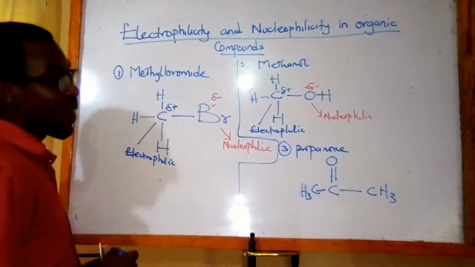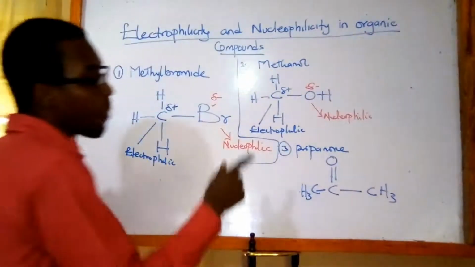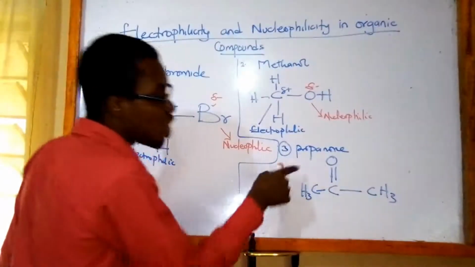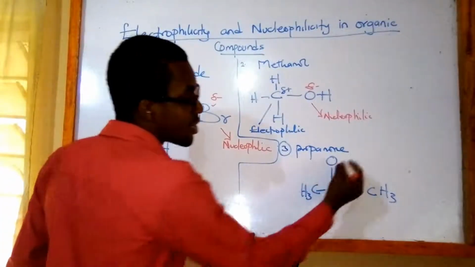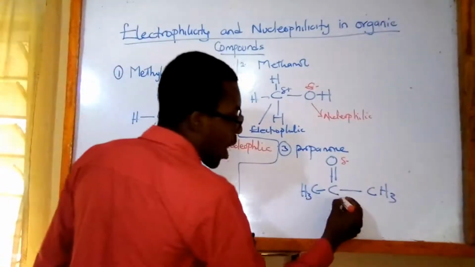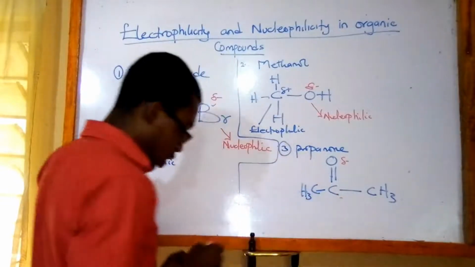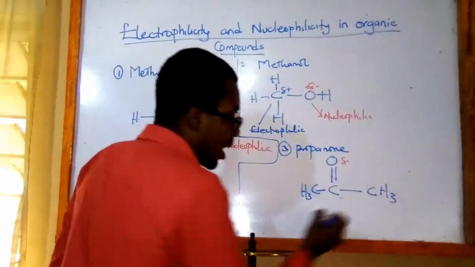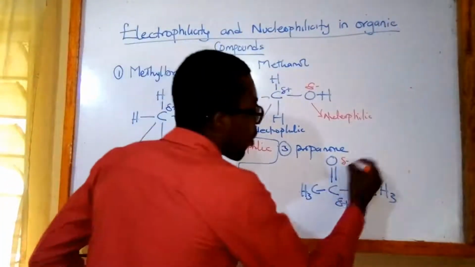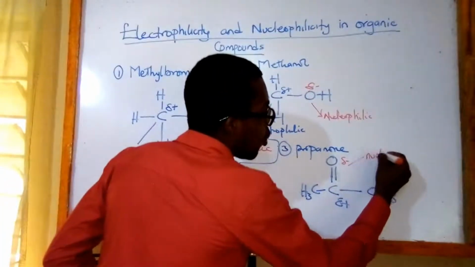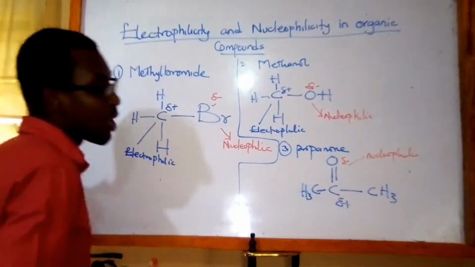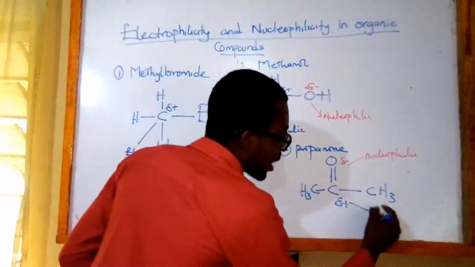Now this is actually propanol. Looking at propanol, we have an oxygen and a carbon. Oxygen is more electronegative than carbon, hence it will have a partial negative charge, while carbon will have a partial positive charge. Now this will cause this part of the molecule to act as a nucleophile. It will be nucleophilic, while the other part acts as what? An electrophile.